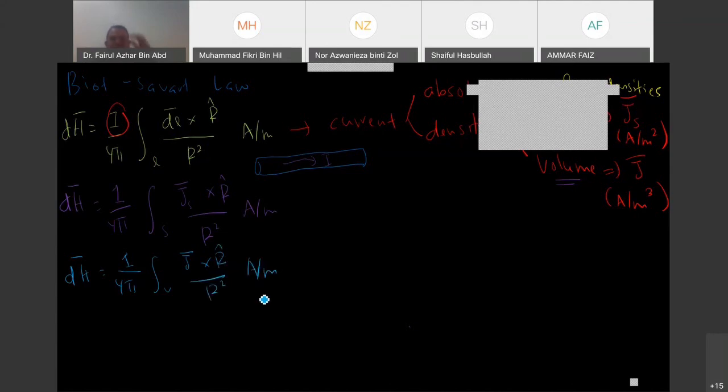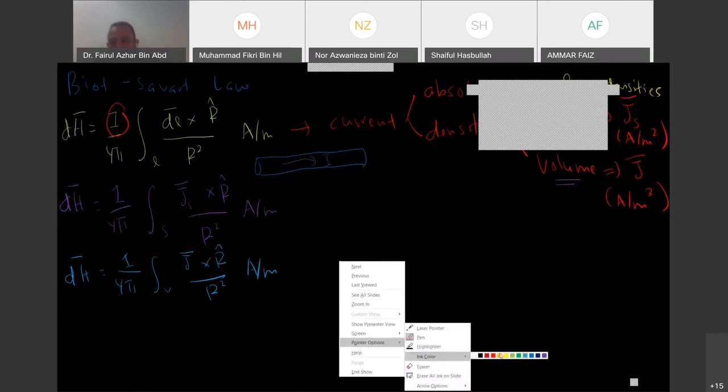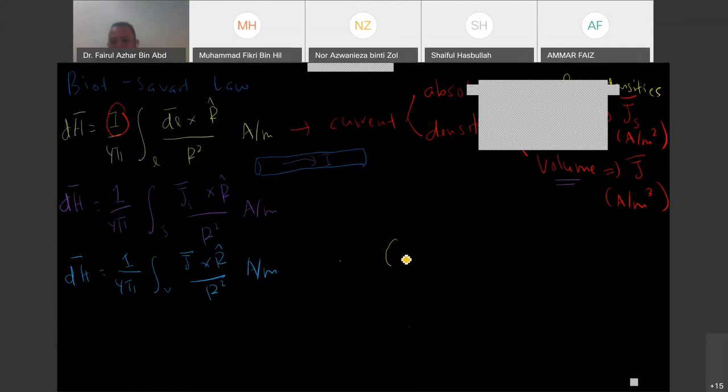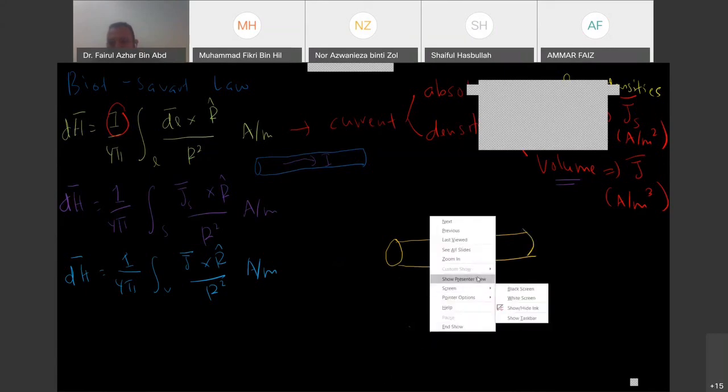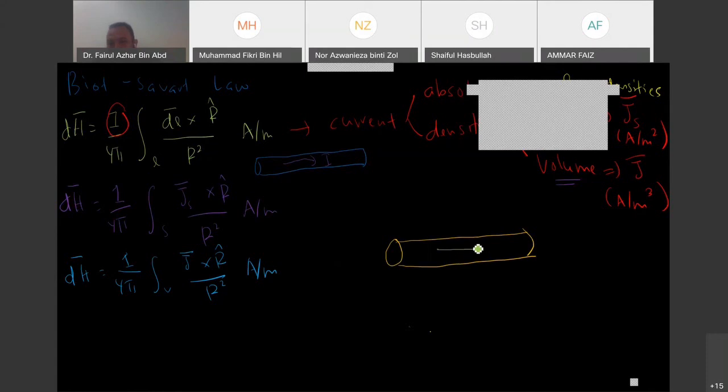Alright, so the concept of the field is almost similar to what we have in electric field. Let's say we have one conductor here, and inside this conductor we have a certain value of current flowing. Depending on the direction of the current, we will develop some fields around this conductor.